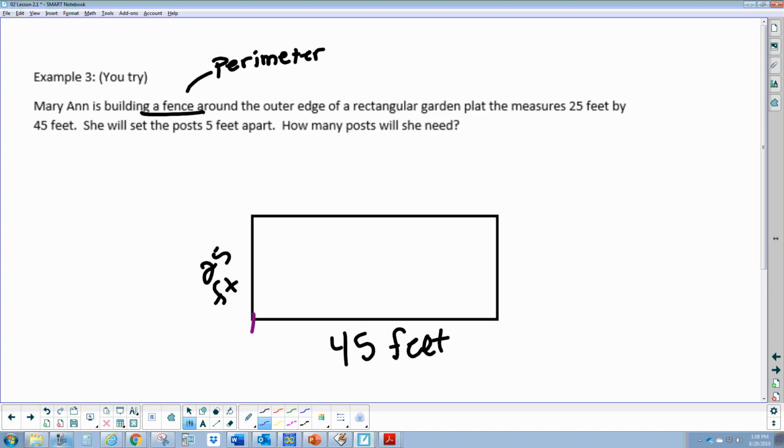So on this first one, here we've got 5, 10, 15, 20, 25, 30, 35, 40, 45. They're not perfectly spaced, but there you go. You can see all of the fence posts I'm going to make. And then we've got a point here. So then to get 25, I got 5, 10, 15, 20, 25, and then so on.